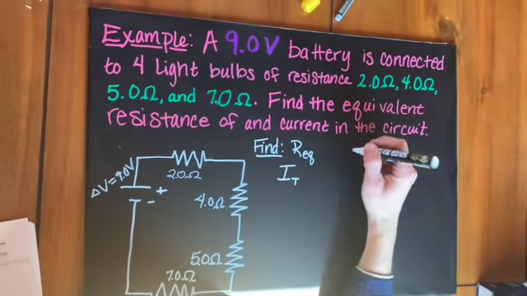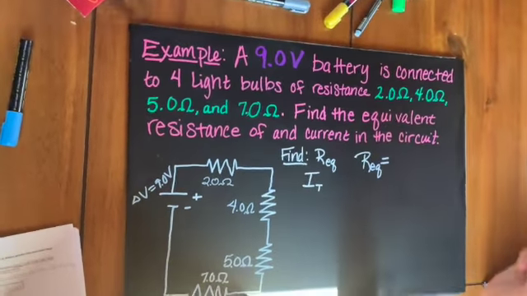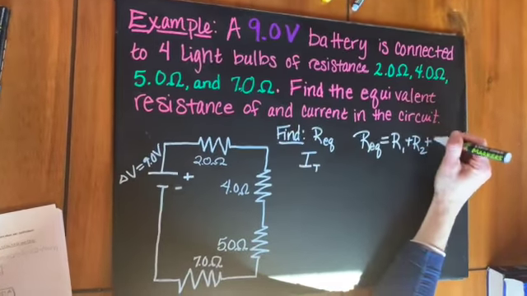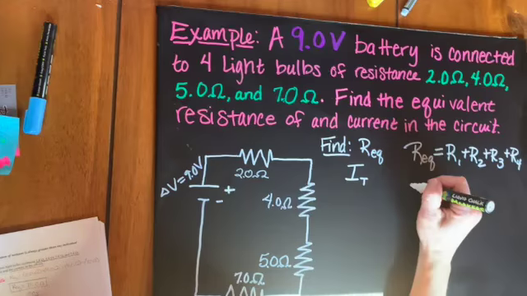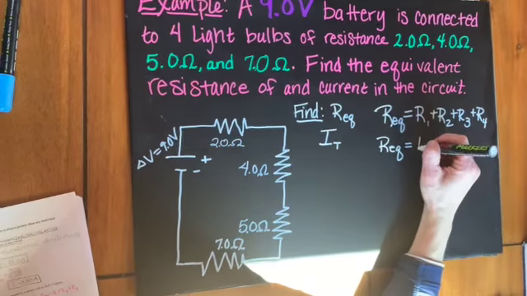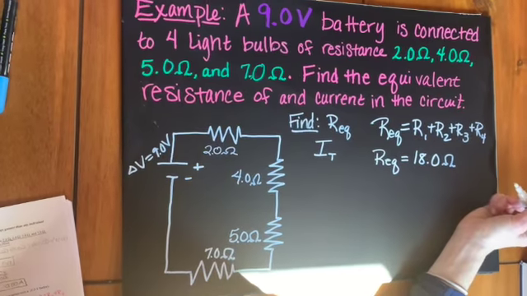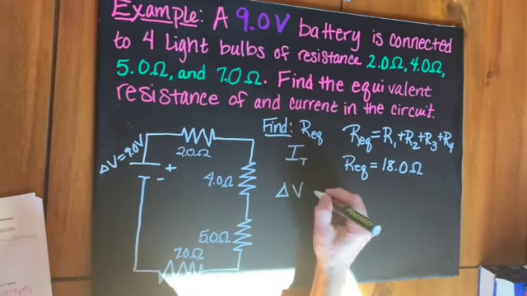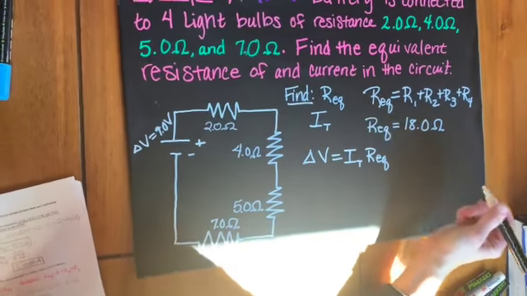So I know from our first previous formula that we just derived, REQ is equal to the addition of all of my resistors. So if I add all of these together, I get 18.0 ohms. Now I'm going to use this equivalent resistance because I know my total potential difference is equal to IT times my equivalent resistance.